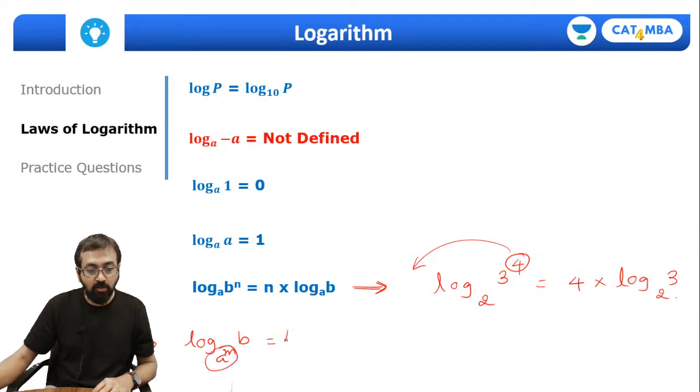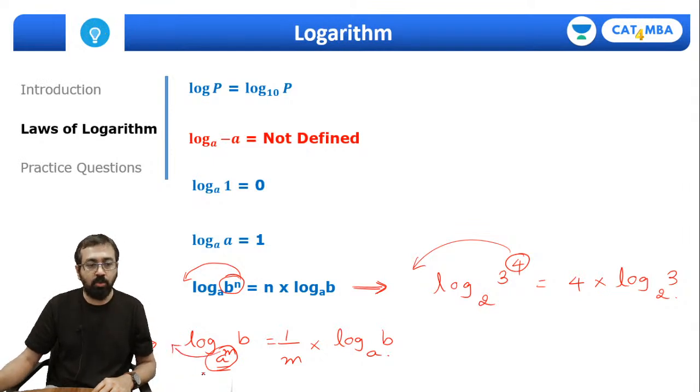This is equal to 1 upon m into log of b with base a. See, what we did over here is we brought the power of the number into the multiplication. Now here there is a power on the base, so we will bring this power into the division of the logarithm. So it will become 1 upon m into log of b with base a.